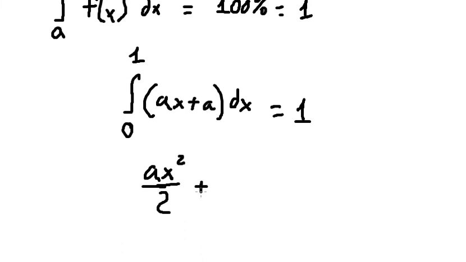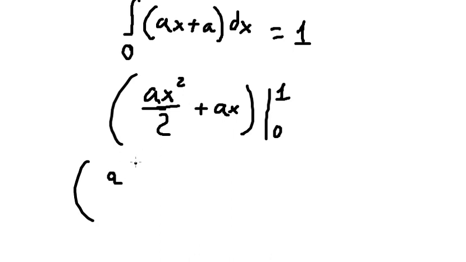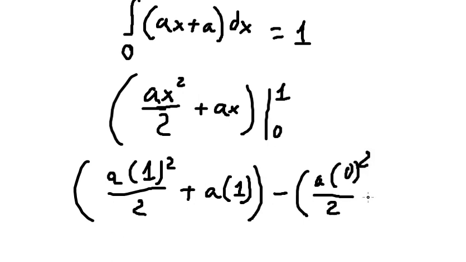For ax, we put the bounds from 0 to 1. For 1, I put it in here, and for 0, I put it in here, and we have this.